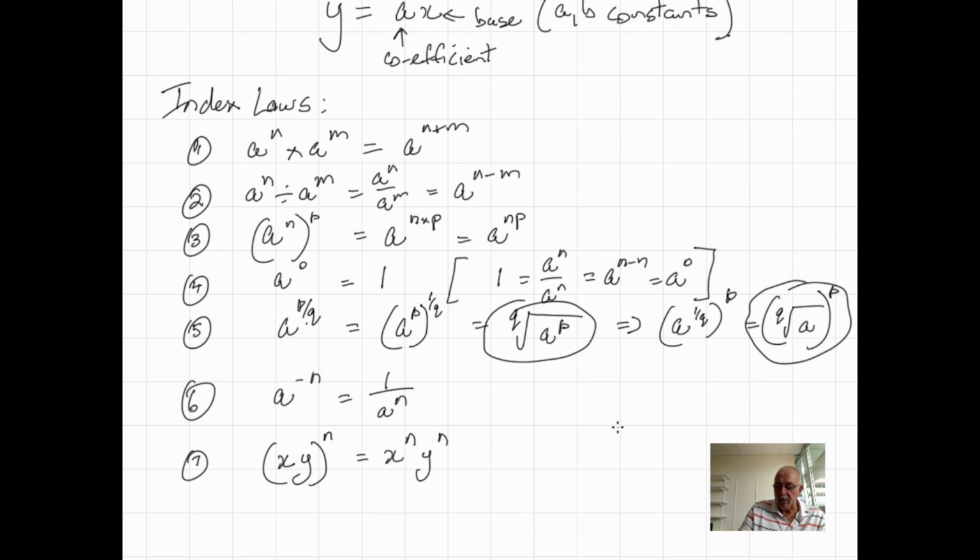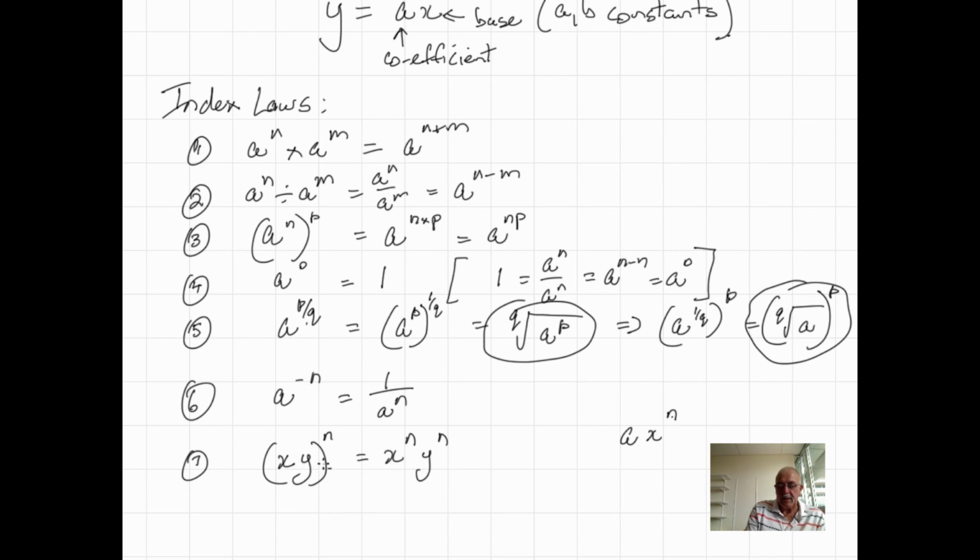Okay, so don't get confused. If you've got a x to the power of n, this a, the coefficient, is not to the power of n. The power only applies to the base here, not to the coefficient. So that is not a to the n, x to the n. If you want to imply that, you need to put brackets around there, and then you'll get a to the n, x to the n.